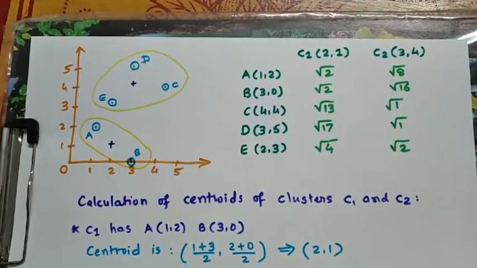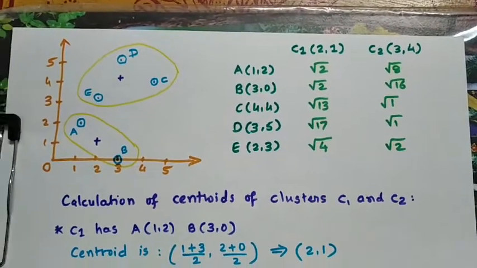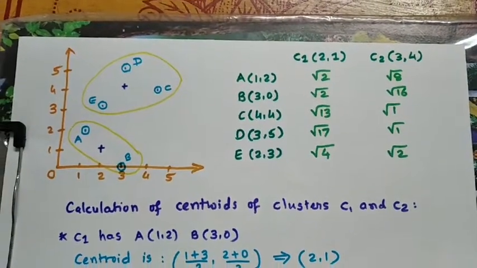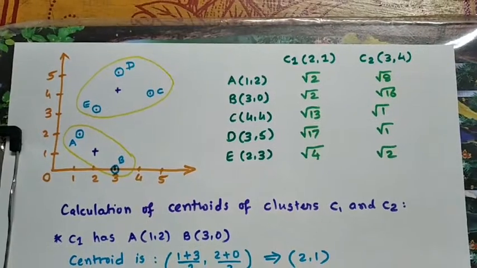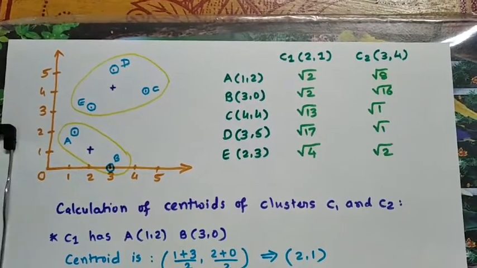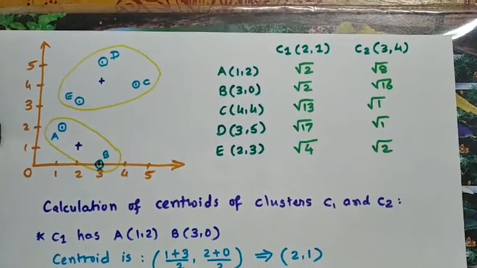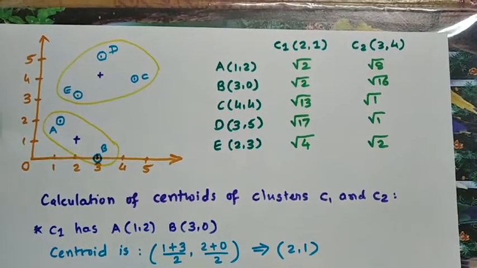It means that the cluster allocation is frozen, meaning the clusters are stable now. There is no relocation required of any object from one cluster to another cluster. So the clusters are said to be frozen or stable now.